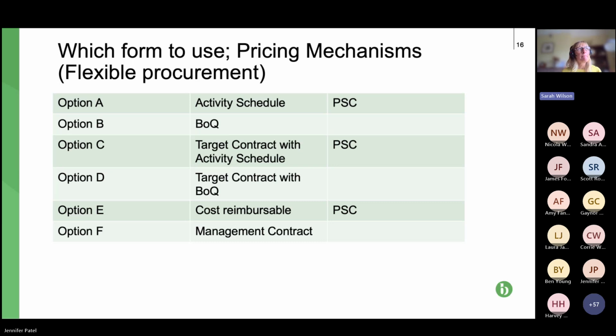If, for example, the piling is not referred to in the activity schedule, but it is required in the works information, then the contractor can't turn around and say, oh, I want extra money because I haven't put the piling in the activity schedule. Contractor has an obligation to do the work in the scope, in the works information. The activity schedule is just about how it claims its money and what is the fixed price for the work.